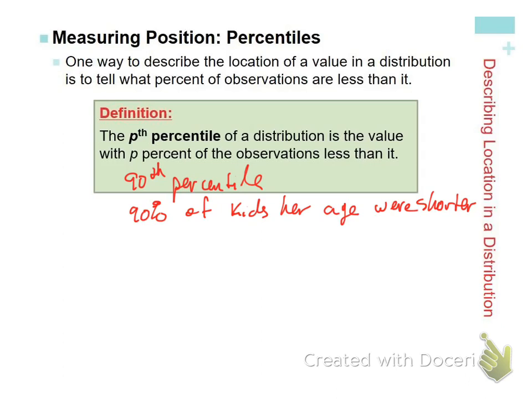Of course, that means that there were 10% of the kids her age that were taller than her. So she's taller than 90% of the kids that were her age. That's how a percentile works, right? And so this definition, again, is the percentage of individuals or data points that are less than our particular data point.